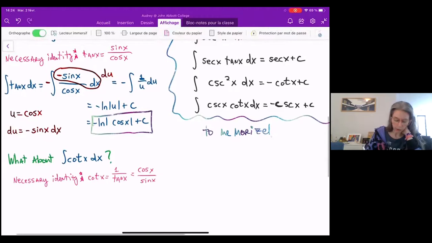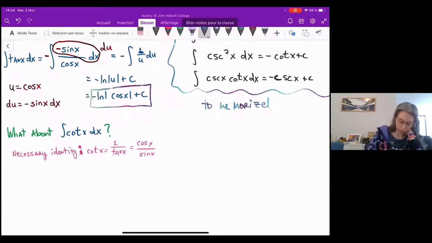So I'm going to get you started on this problem. I want you to do the integral of cosine x over sine x, of cotangent x dx, which is the same thing as the integral of cosine x over sine x dx.